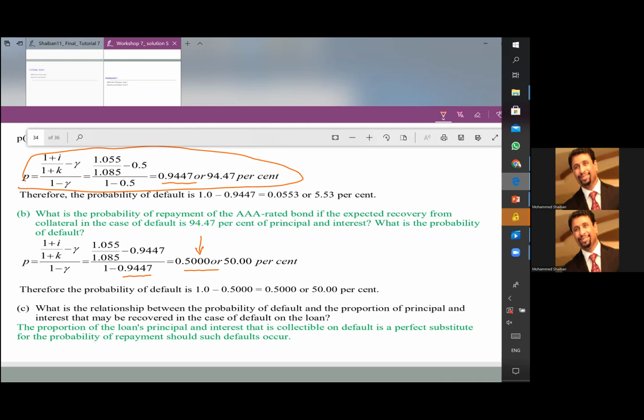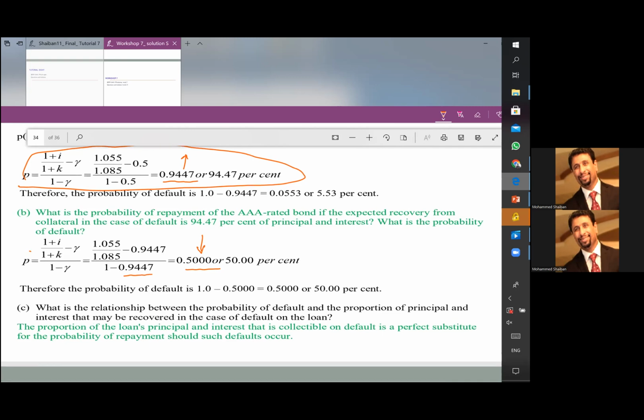So when the probability of payment is high, you have low collateral, low defaulting. In this case, when you have a probability of payment of 50%, you need a 94% collateral.